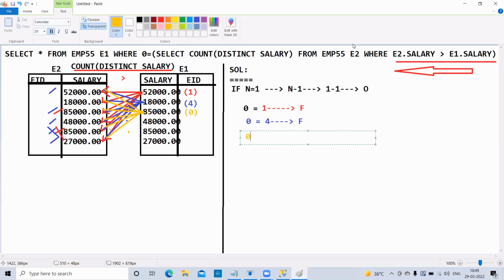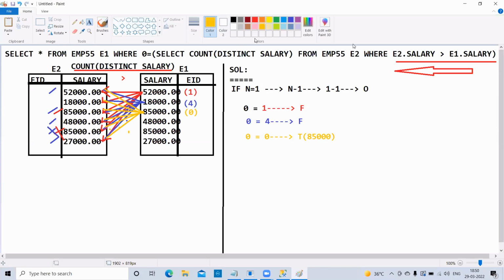Now outer query value 0, inner query 0. 0 is equals to 0. Condition what now? True. And this condition is true at which value? 85,000 value. So 85,000, I just keep it now.